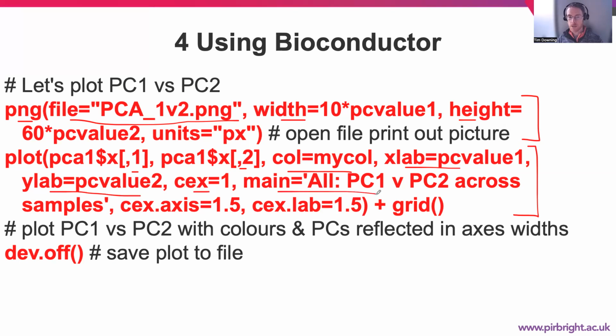Here we have a title, PC1 versus PC2 across samples. The text size for the axis is increased to 1.5. The text size for the axis labels is 1.5 as well. And we add a grid on top just to make it easy to view. And then we save our file at the end. So a lot of things going on here. And if you're unsure about how this works, change it, modify it, and see what happens.